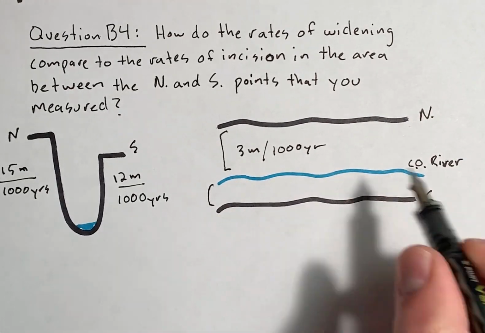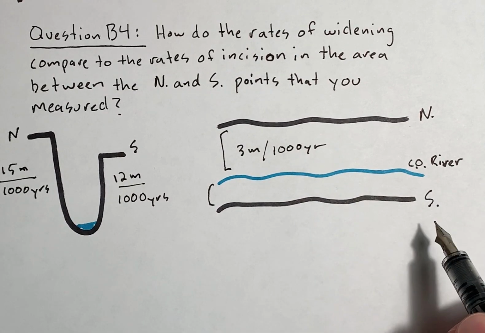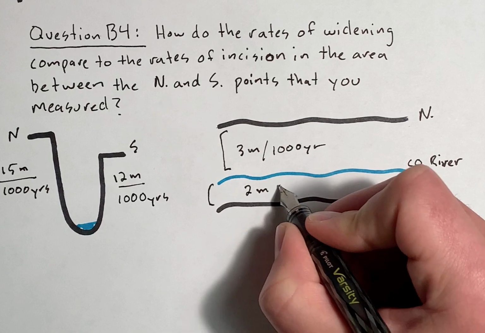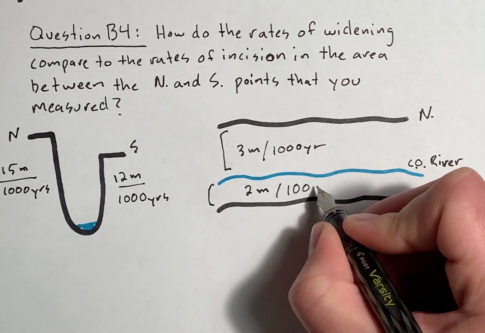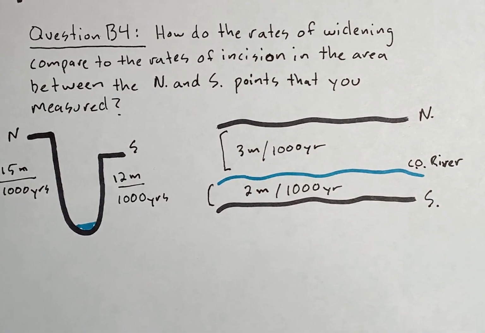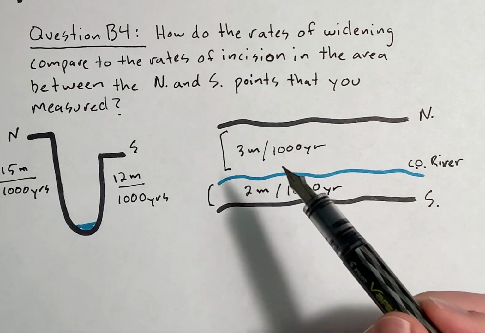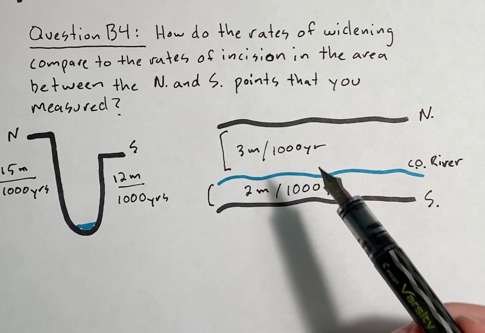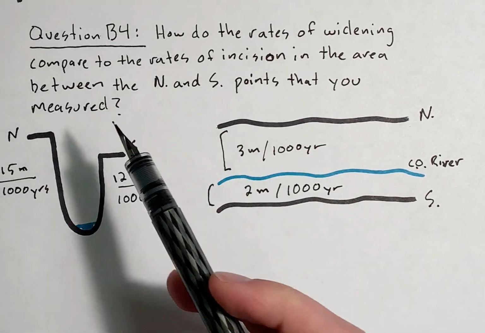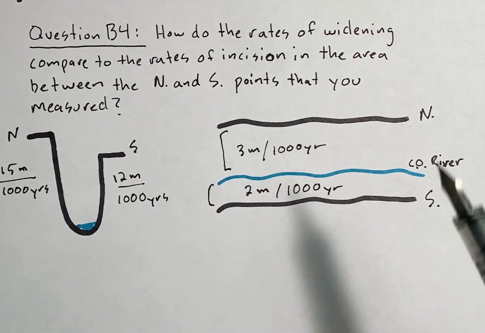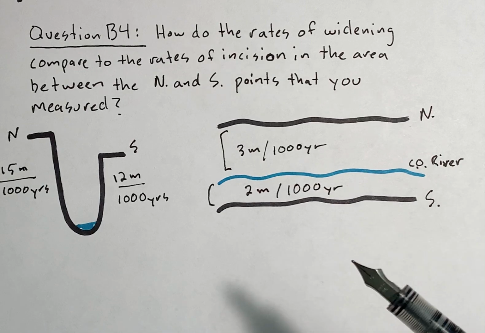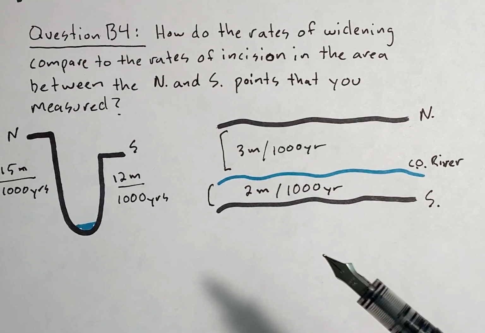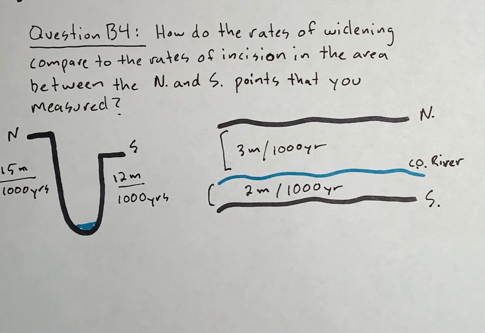And the rate of widening between the Colorado River and the south rim is 2 meters per 1,000 years. Notice that this rate is in meters per 1,000 years. I believe in this line of questioning, the B1, B2, B3, B4, your rates are going to be centimeters per century. So make sure you have your units right. This is just an example question.